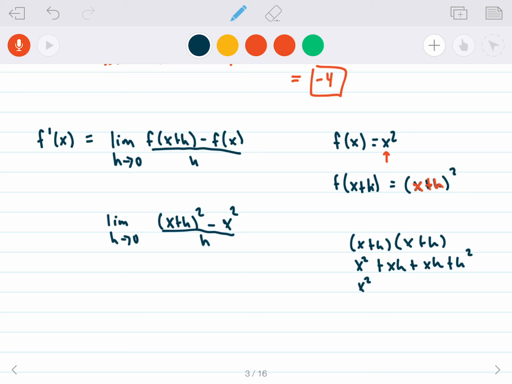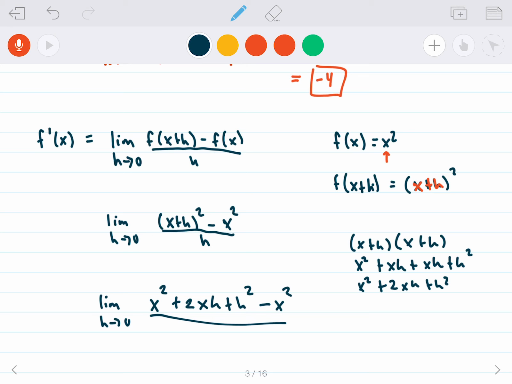So that's x squared plus 2xh plus h squared. All right, so let's rewrite that. Limit as h goes to 0. X plus h squared we just found was x squared plus 2xh plus h squared, and then we have that minus x squared still on top, all over h.